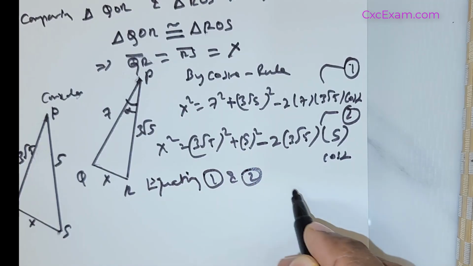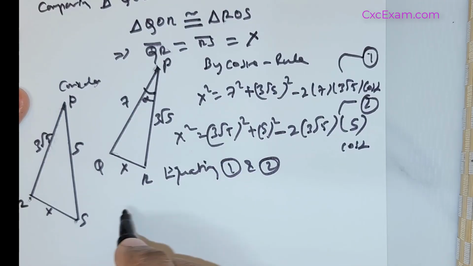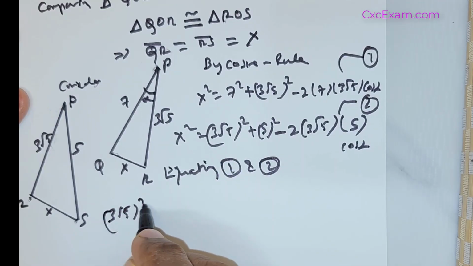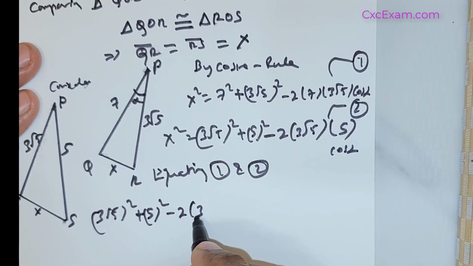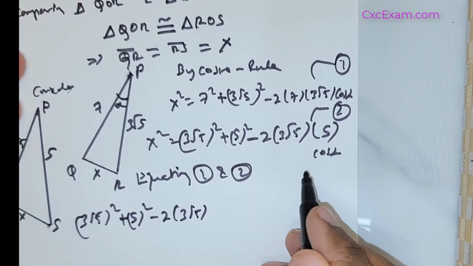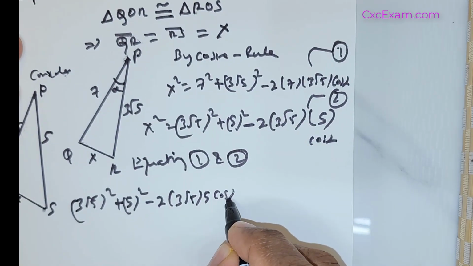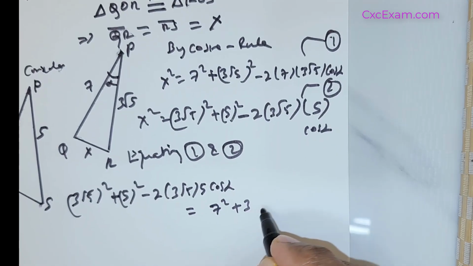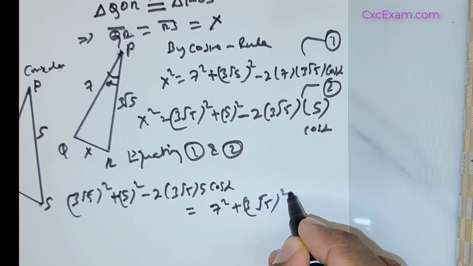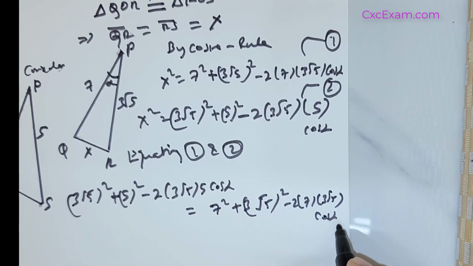Equating 1 and 2, because x squared is there, we would have (3 root 5) squared plus 5 squared minus 2 times 3 root 5 times 5 times cos alpha is equal to 7 squared plus (3 root 5) squared minus 2 times 7 times 3 root 5 times cos alpha.